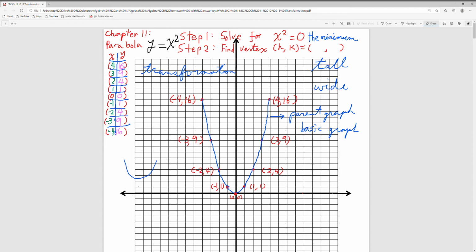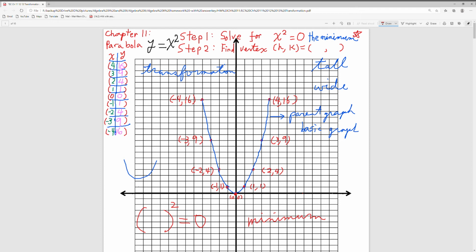For the easiest graph, the basic parent graph, we can easily find the vertex. How do we find the vertex? The perfect square needs to be 0. That's the minimum. If you talk about minimum, you need to talk about maximum too, right? From this graph, there's no maximum, only minimum, and the minimum value happens at the vertex.